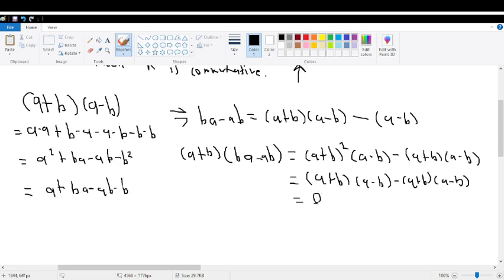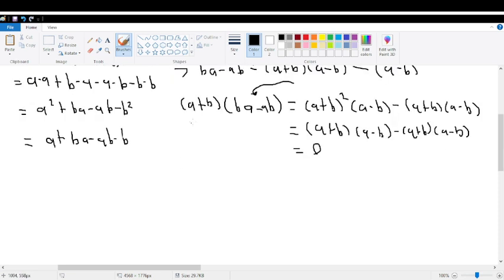So this will set up the commutativity we want. Because what we want to show is that this term evaluates to 0. So expanding this out gives us a ba minus a squared b plus b squared a minus bab.